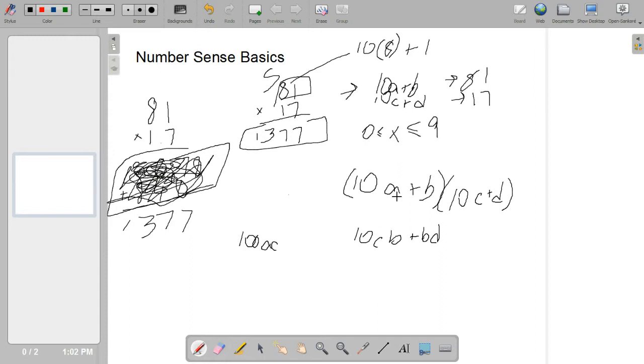Okay, so now 10a times d is just 10ad. And again, sorry for my bad handwriting. I'm trying to explain the best I can, and I'm not really used to using my mouse to write.